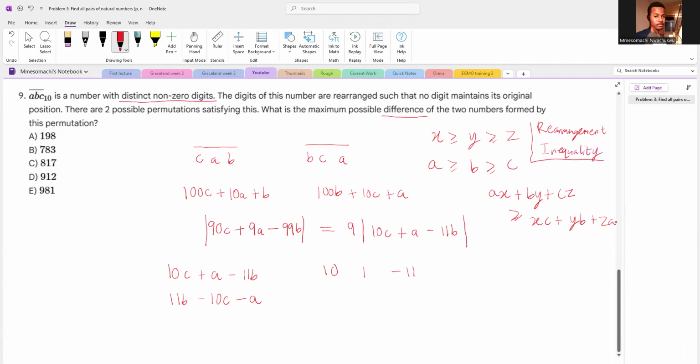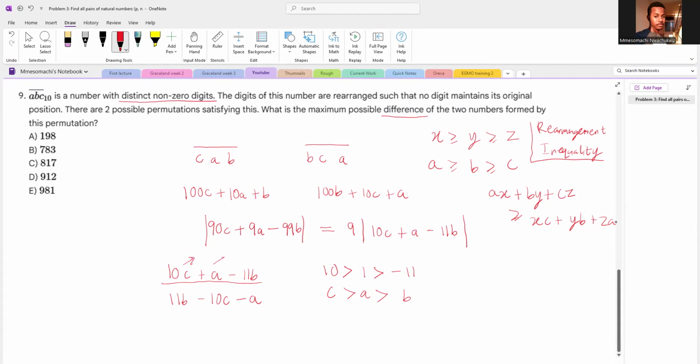For those of you who are interested, you can read about the rearrangement inequality. We can see that 10, 1, and minus 11: 10 is greater than 1, and 1 is greater than minus 11. So it means we need C greater than A greater than B. Now, if we want to maximize this, as C increases, this term increases.